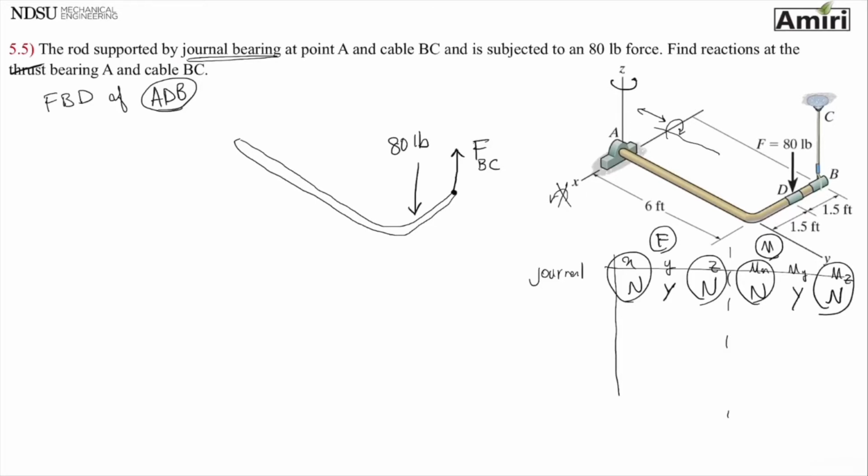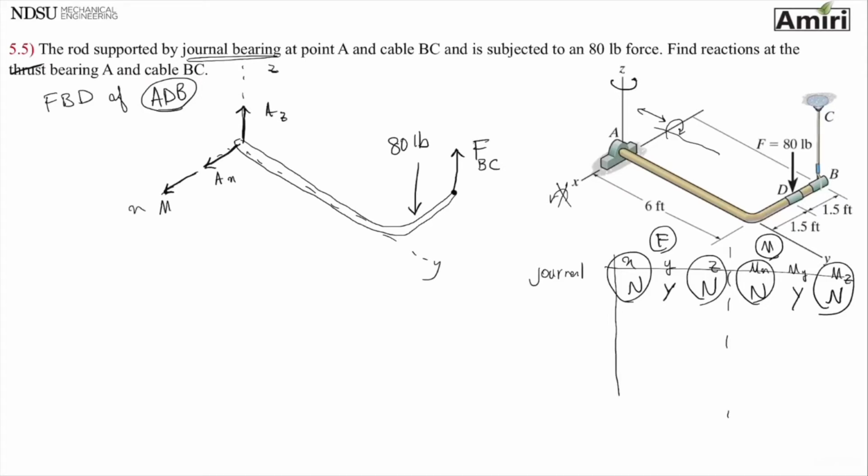Just to be safe and to start easy, put everything in positive direction. This is X, Y, this is Z. So I'm going to put AX. I have AZ. And then I have moment about X. I'm going to put it in positive direction.